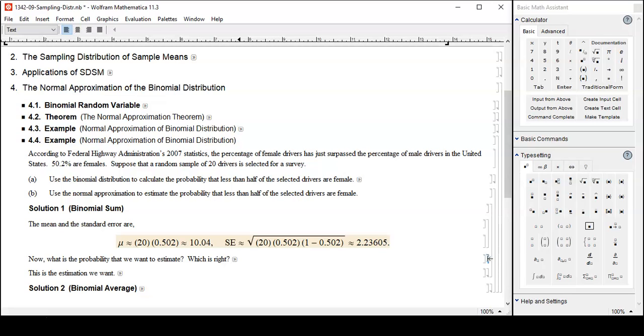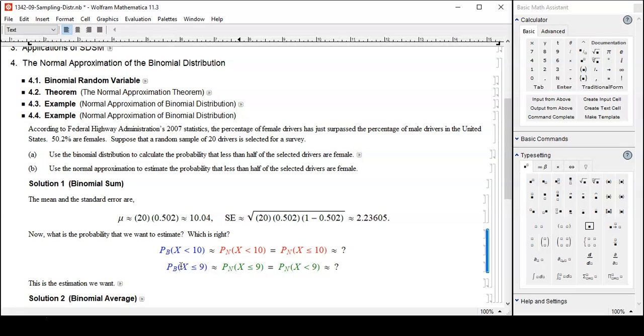Okay, and which probability do you want to estimate? This is a real key. Less than 10 people, because less than half of the selected 20 drivers. So do I use normal approximation of x less than 10? But that's the same as x less than or equal to 10, because normal is a continuous random variable. But then again, less than 10 people is the same as less than or equal to 9 people.